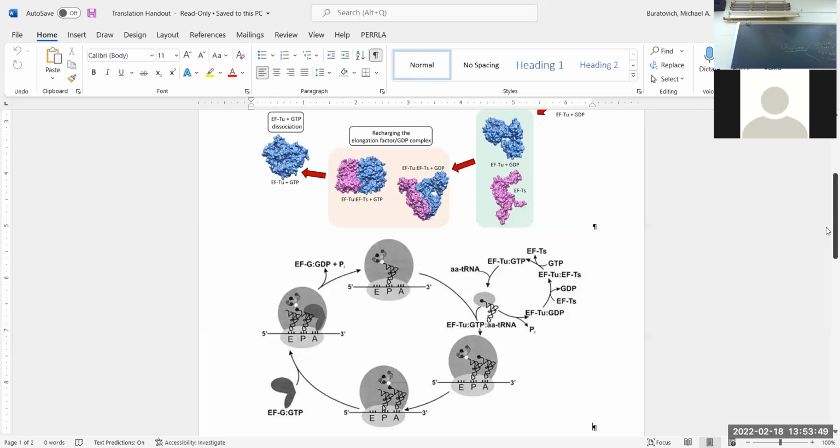Diphtheria toxin is an enzyme that actually takes EF2 and attaches an ADP-ribose group to one of its amino acids, and it completely inactivates it. So diphtheria toxin attacks this EF2 in such a way that EF2 is completely taken out of the picture.